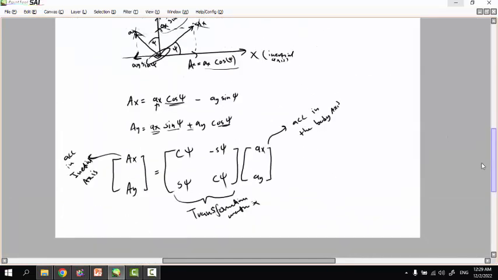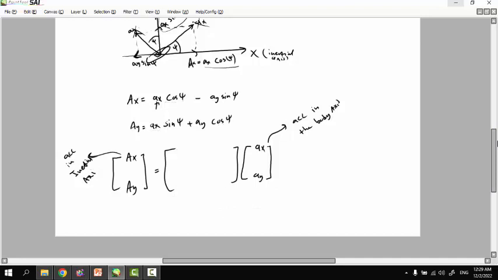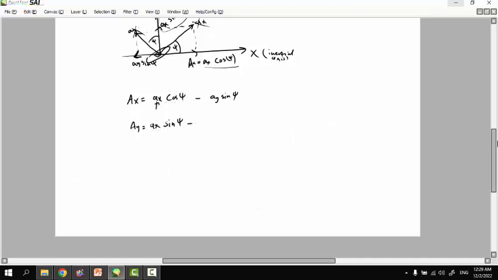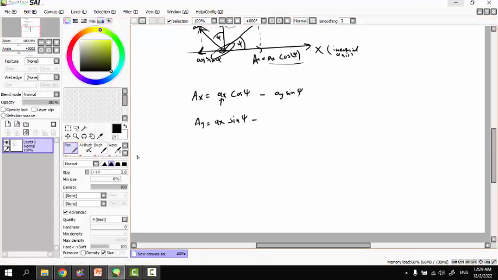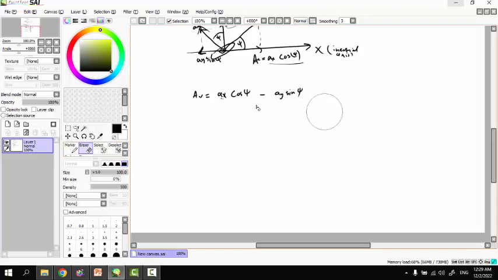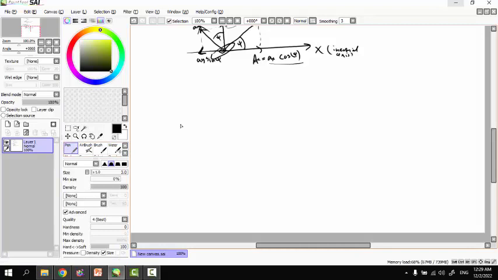Let me write it in some other way. We have a block here with cosine psi, minus sine psi, and sine psi and cosine psi.